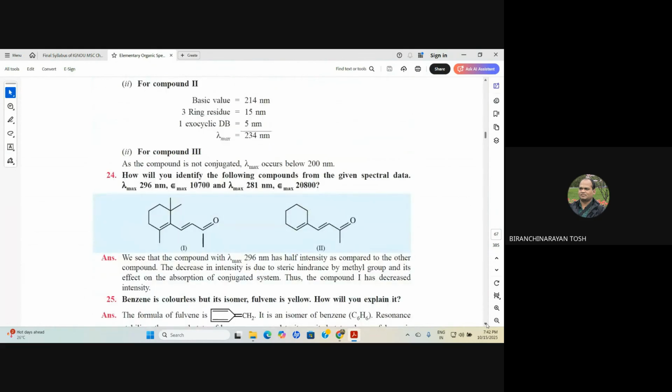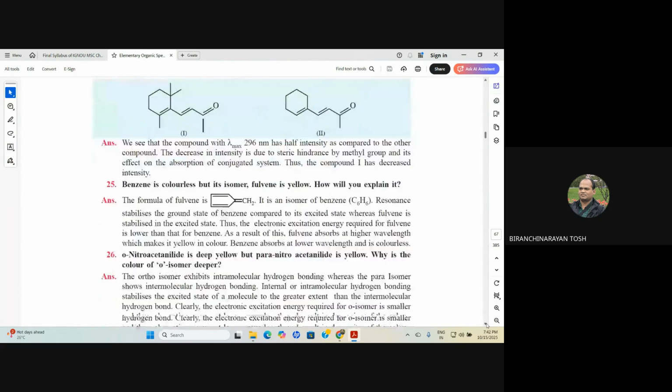Question number 25. Benzene is colorless, but fullerene is yellow. So we compare benzene. Benzene is stabilized by resonance.